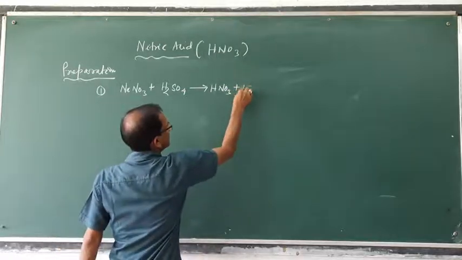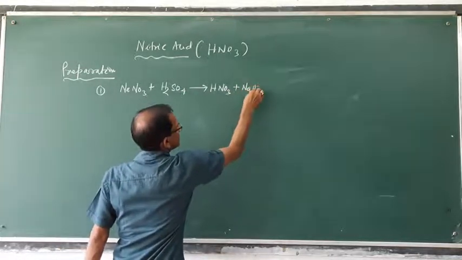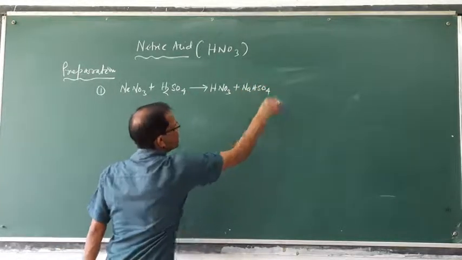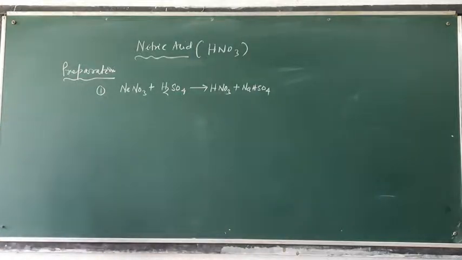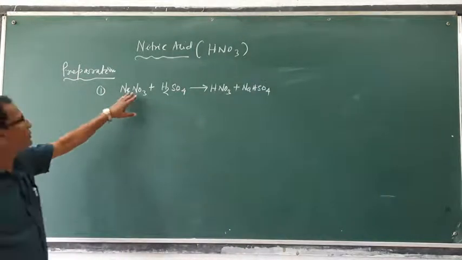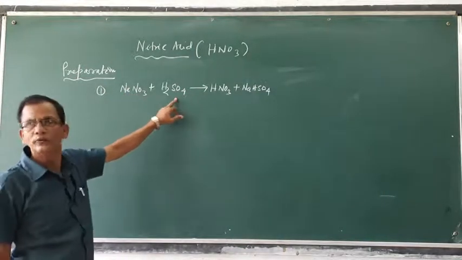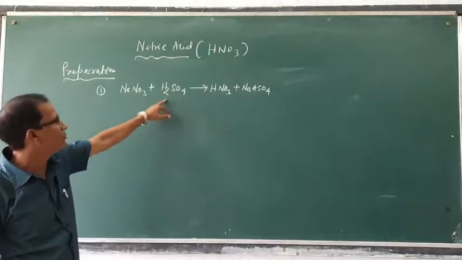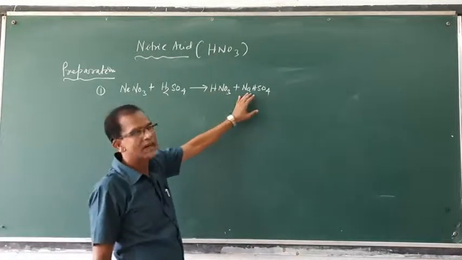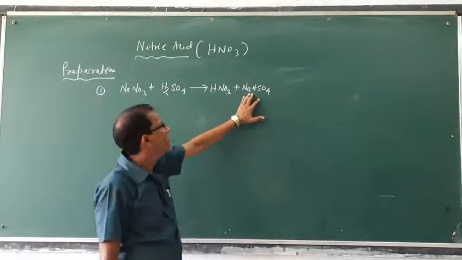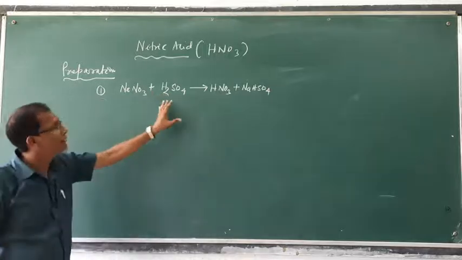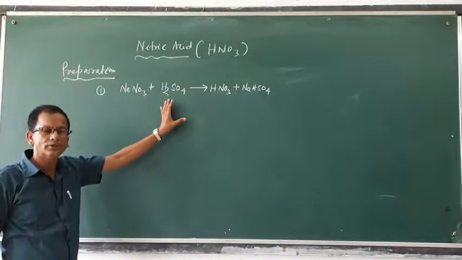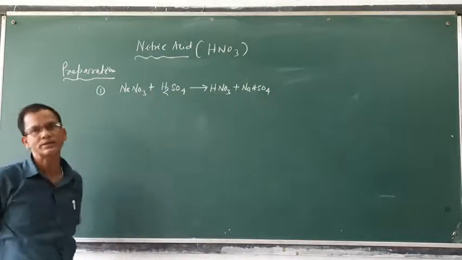The second product is the salt of sulfuric acid, that is sodium bisulfate. So when sodium nitrate reacts with sulfuric acid, it produces nitric acid and sodium bisulfate. This is one important laboratory method of preparation of nitric acid.